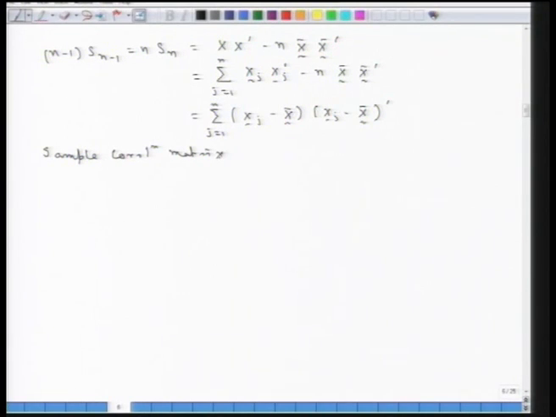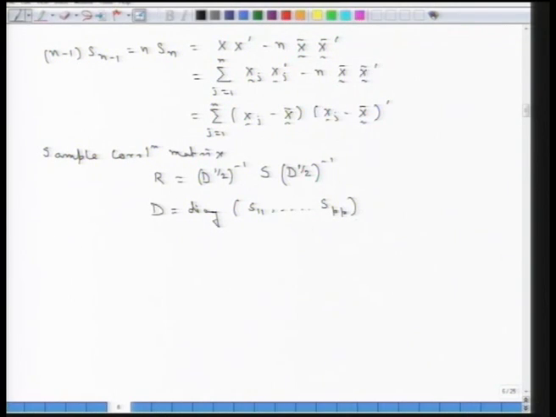Say the sample correlation matrix, denoted by R, would be d half inverse times S, where S is either with the divisor n or n minus 1, this into d half to the power minus 1, where this D matrix is the diagonal matrix holding the sample variances of the respective p components.